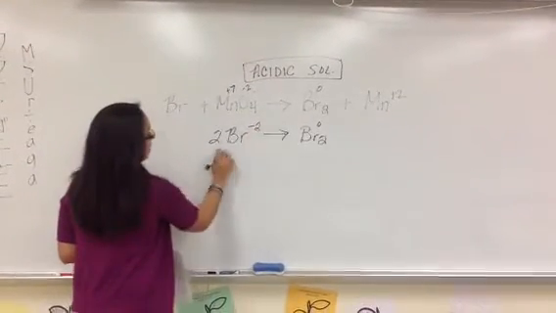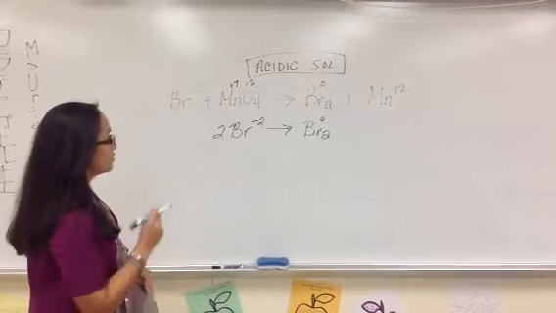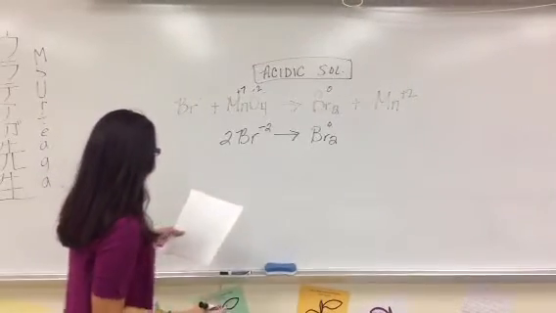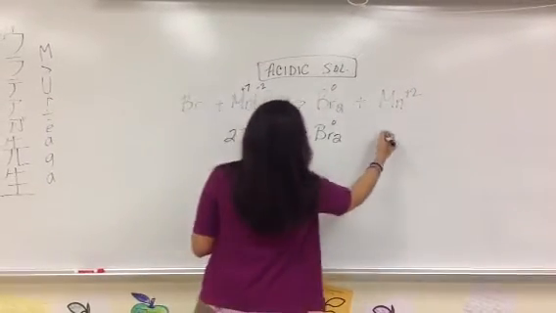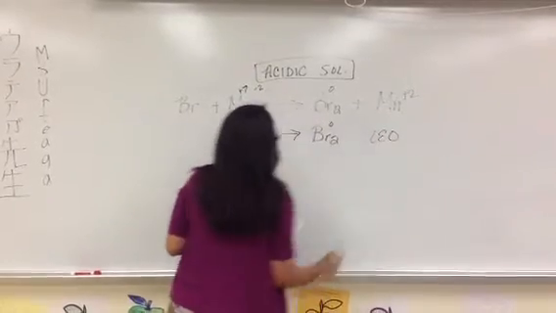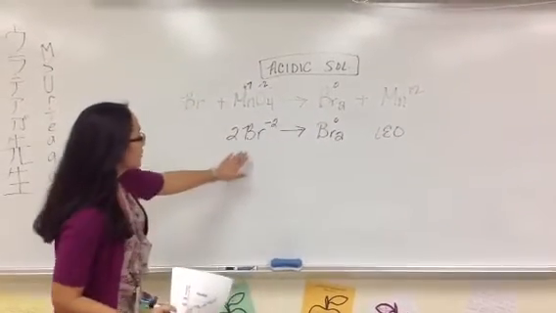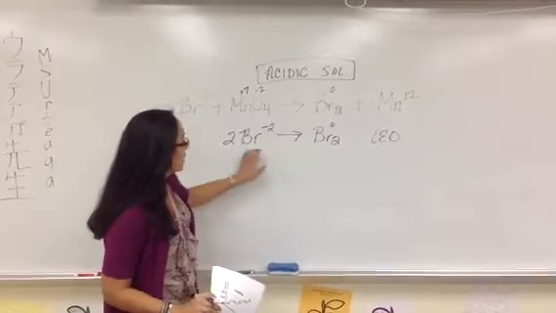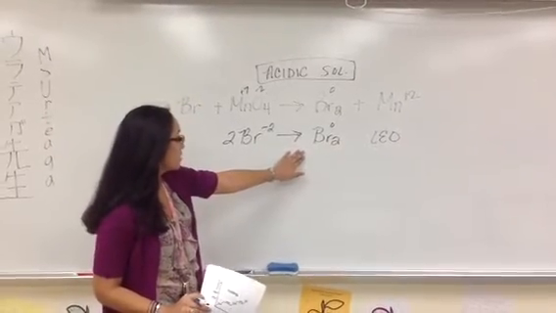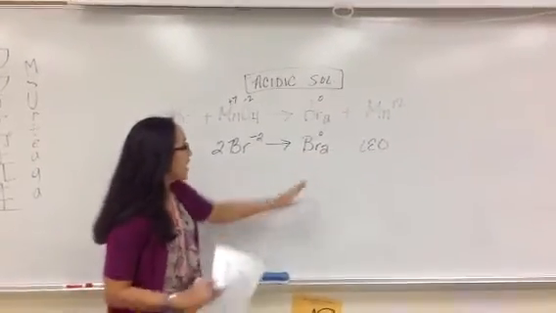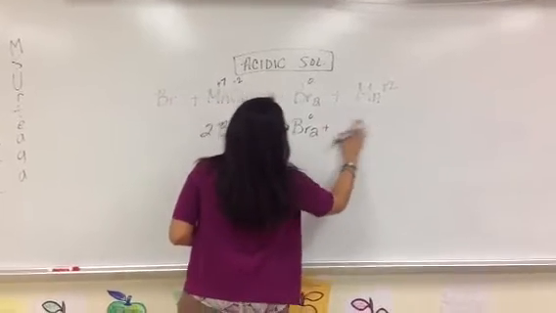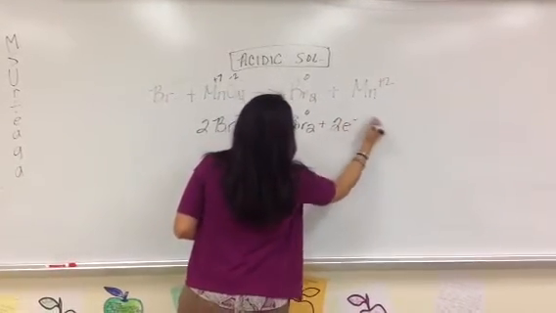So now you have 2, -2 going to a 0, so we are in fact losing electrons. Now if you look at your most positive state, in order to balance out the electron charges, I need to add 2 electrons.